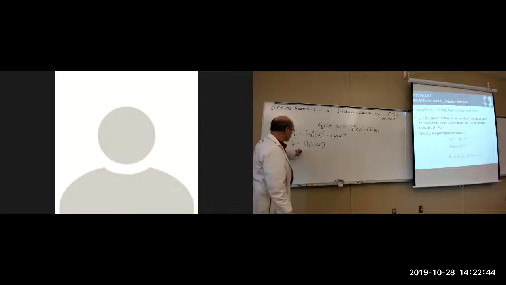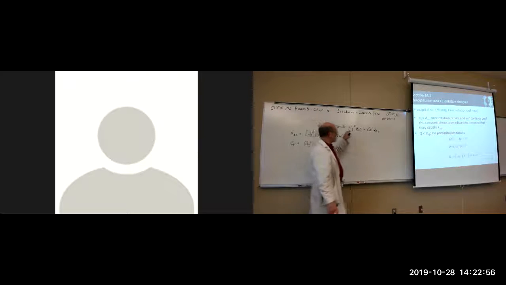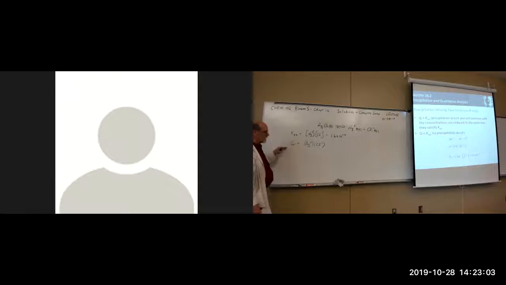So if Q is bigger than K, what does that mean? That means we have too many silver and chloride ions in there at the same time, right? It starts out with an excess of silver and chloride if the Q is bigger than KSP. Okay, actually this is simpler to understand than our original discussion of Q and K's.